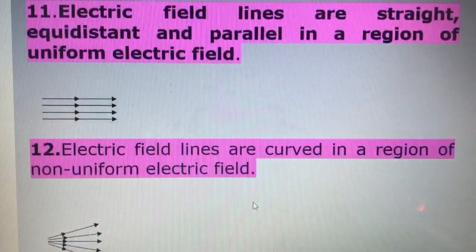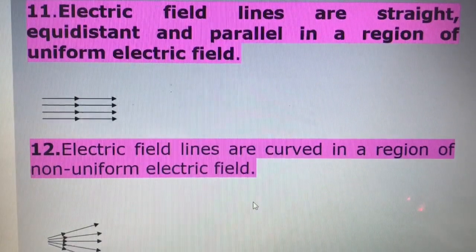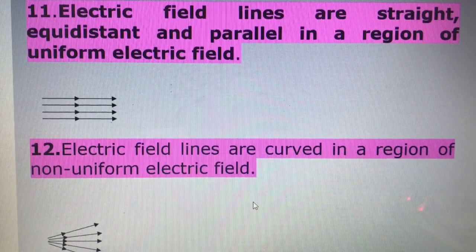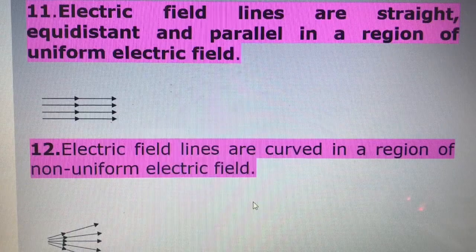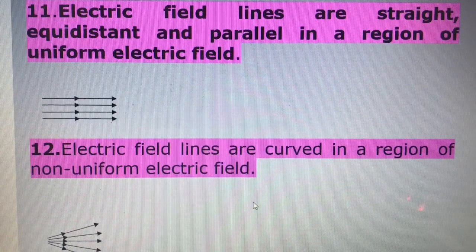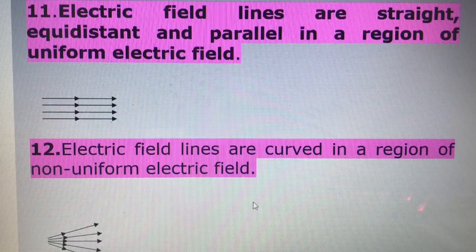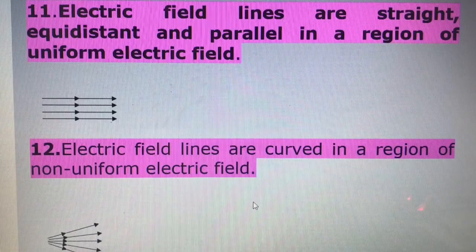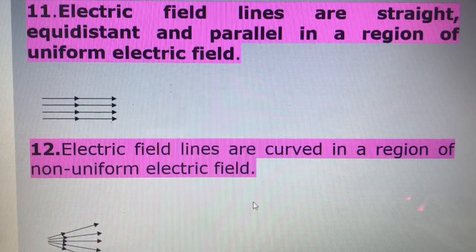And next, electric field lines are straight, equidistant and parallel in a region of uniform electric field. The electric field can be divided into two types, uniform and non-uniform. Uniform electric field means that in this region the electric field lines always move in a straight path, equidistant and parallel.